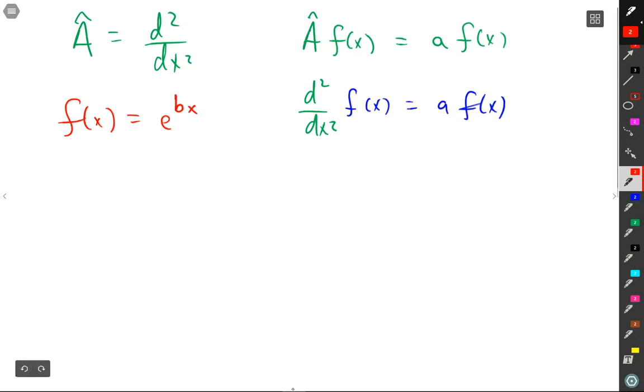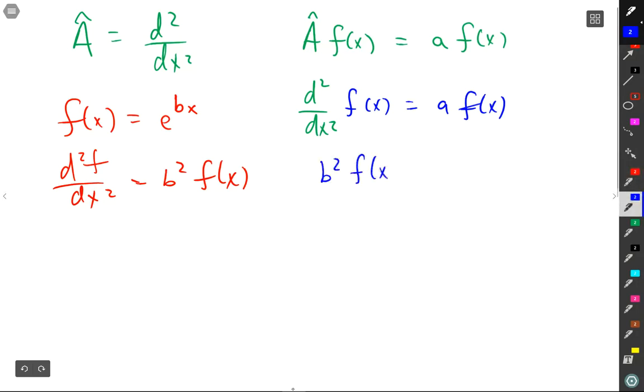Okay, so taking the second derivative of this gives b squared. Well, that looks kind of simple, right? But it's correct.